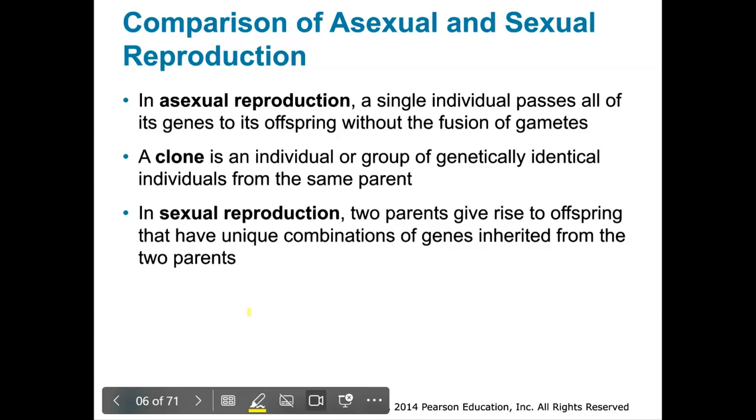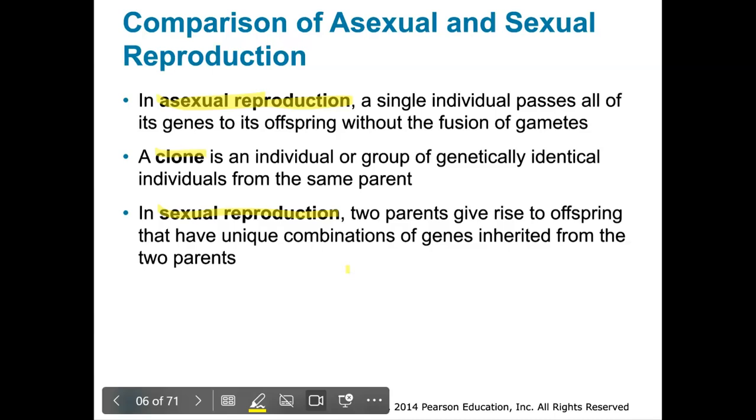Now, in asexual reproduction, this means that you don't have sperm and egg, you don't have variation. All of the offspring are literally clones of the parent. But in sexual reproduction, you have two parents, you have two different gametes, a sperm and an egg, or, like in the case of fungi, a positive and a negative version.